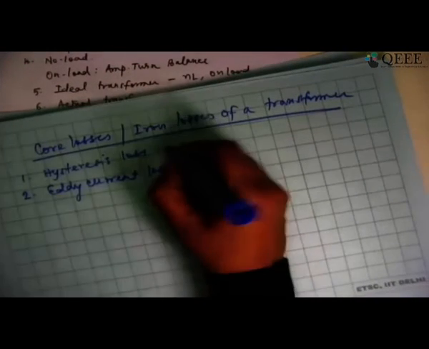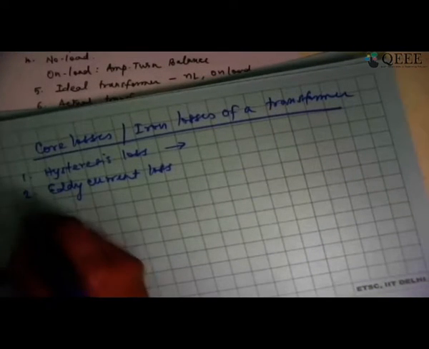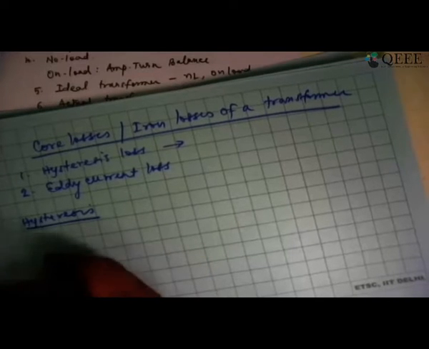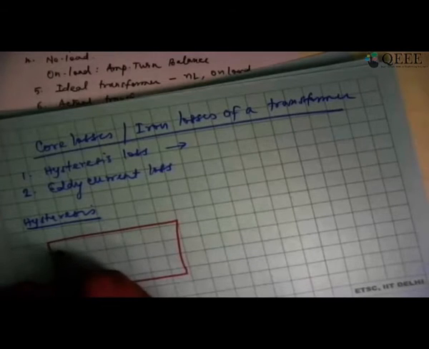Let us first of all try to look at what is hysteresis loss. Let's see first of all what we mean by hysteresis. The property of hysteresis, let us try to examine. In the case of a ferromagnetic core, if I take a piece of iron, it will actually have several magnetic domains within itself.